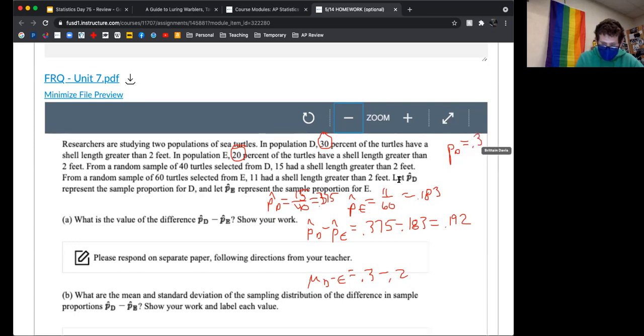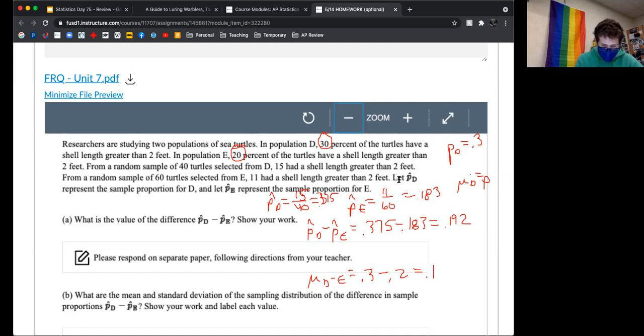And one thing we learned is that the mean value of the sampling distribution is going to equal the population proportion. So it's basically just 0.3 minus 0.2. I don't know if that completely followed. Are there questions on that idea? The mean is 0.1? Yeah, the mean difference we should expect is 0.1.